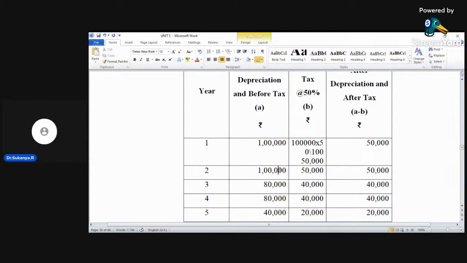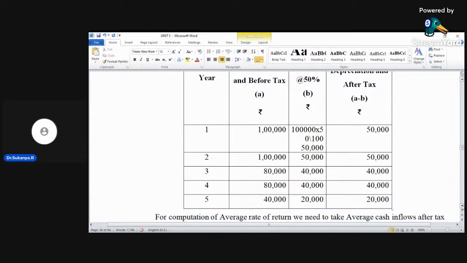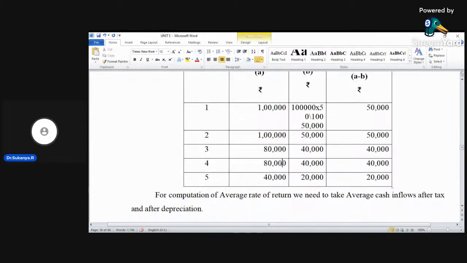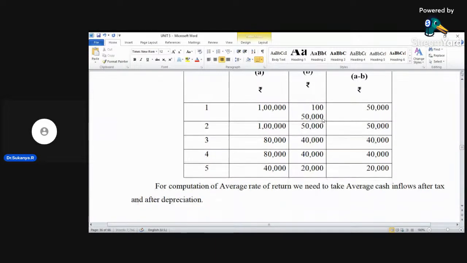So here 1 lakh again multiplied by 50% will give you 50,000 rupees. 80,000 into 50% will give you 40,000 rupees. Again, 80,000 into 50% will give you 40,000 rupees. And again, 40,000 into 50% will give you 20,000 rupees.